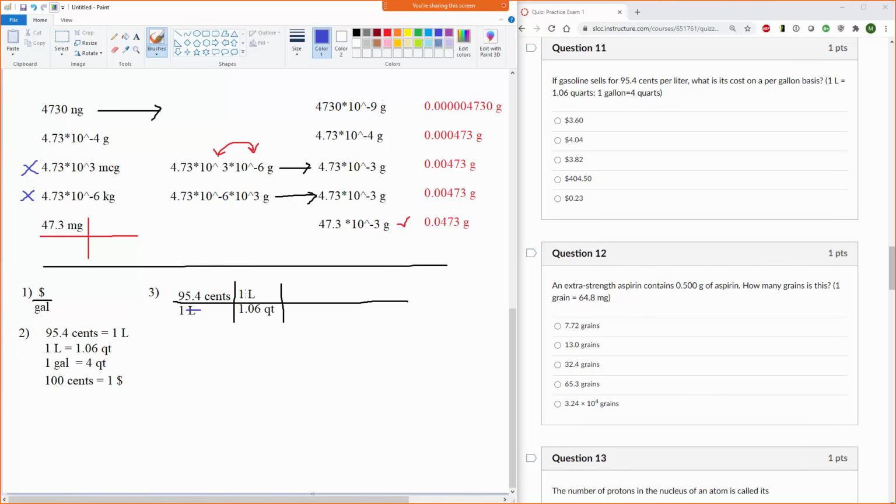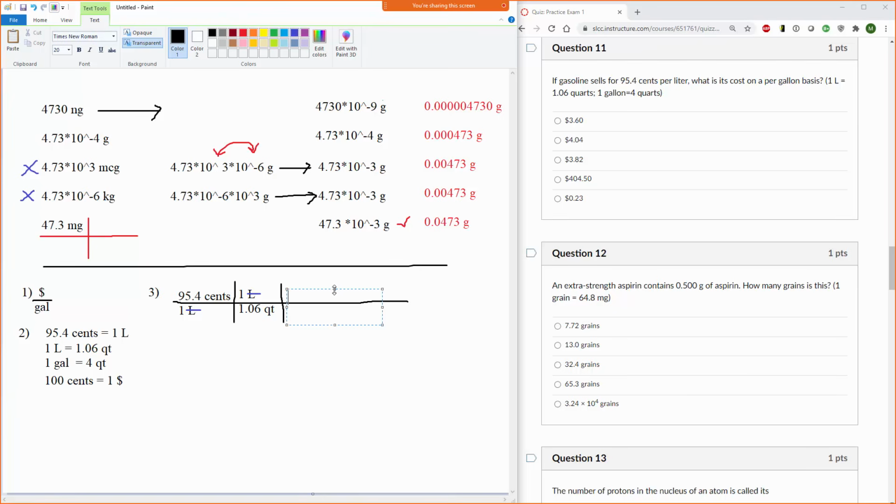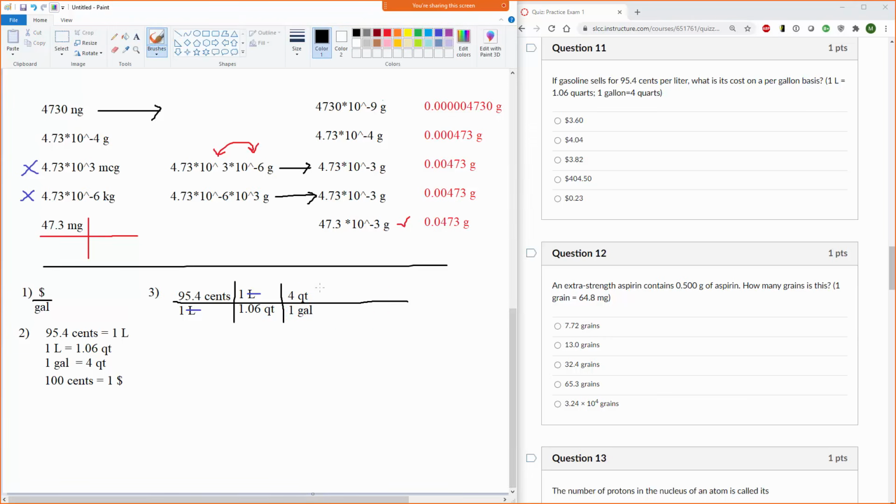Okay, all right, so liters cancels. Now we've got cents per quart. What shall we do next? All right. Nicole says 4 quarts in a gallon. Great idea. Quarts cancel.